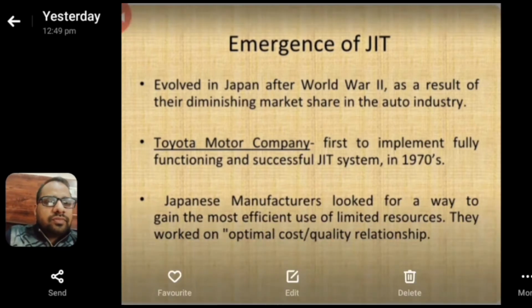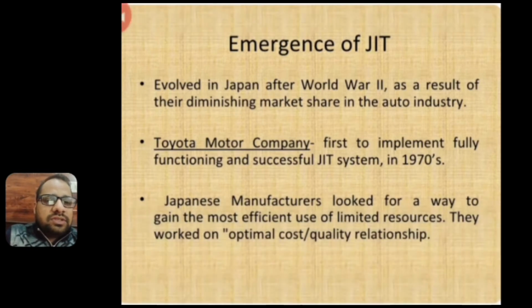Toyota Motor Company implemented this successfully in the 1970s. Japanese manufacturers looked for a way to gain the most efficient use of limited resources. They worked on an optimal cost-quality relationship.